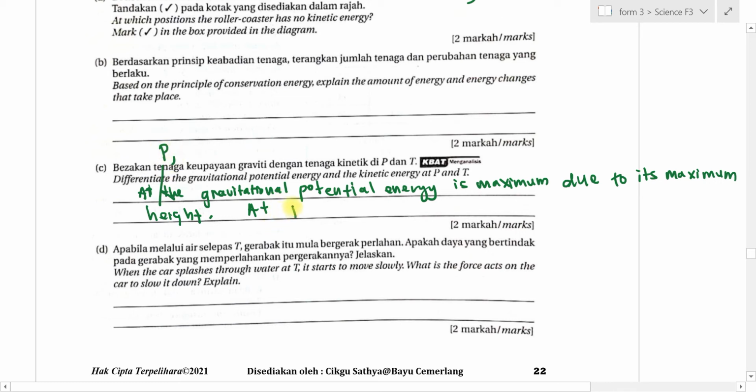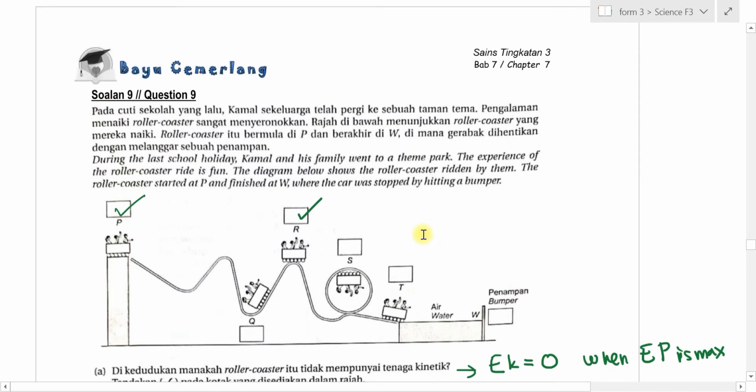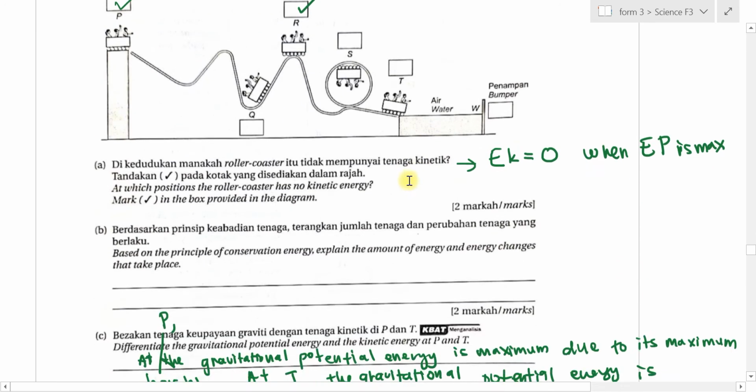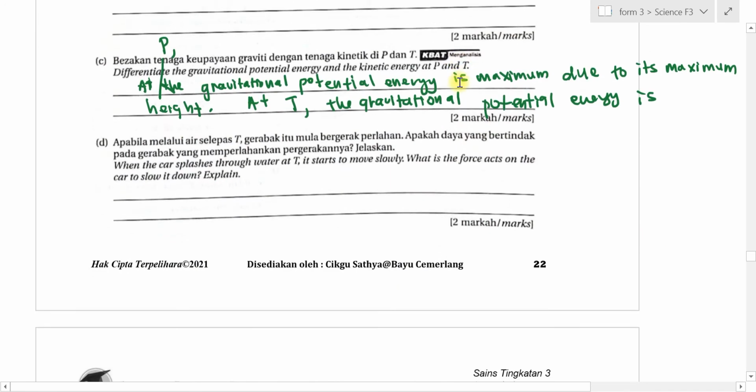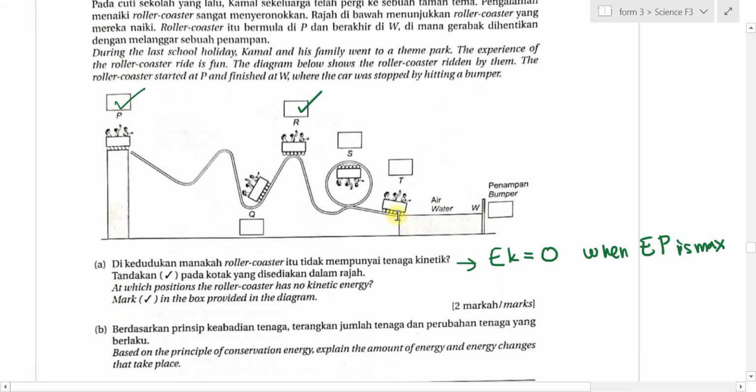Now at T, the gravitational potential energy is the minimum, not zero. We cannot write zero. There is no such thing as gravitational potential energy becoming zero.